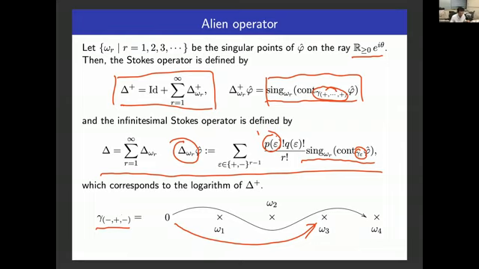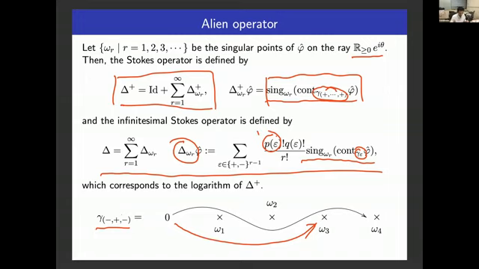And the alien derivative is one of the important tools in resurgent analysis, but it contains analytical continuation along gamma epsilon. So it is a global operator in the Borel plane.